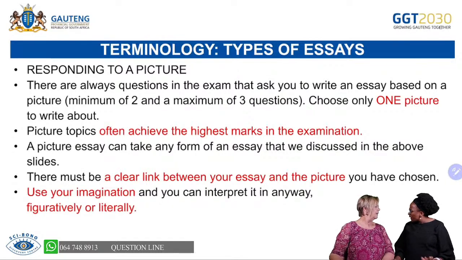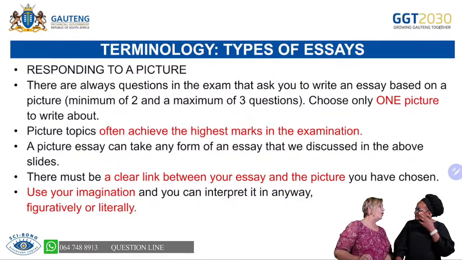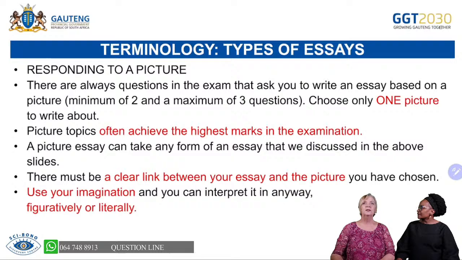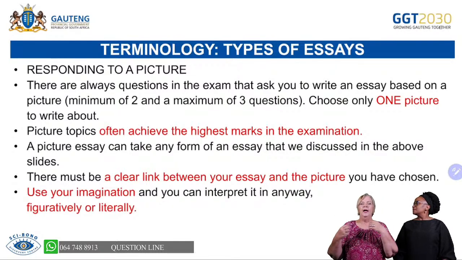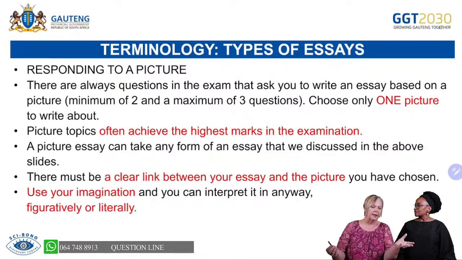What do we mean by that? Literally and figuratively. Let's start with the literally first. When something is literal, it means what you see. For example, if we talk about a storm, that storm would refer to the physical weather, the clouds building up, the wind starting to howl, the rain starting to fall, or the thunder and the lightning striking.